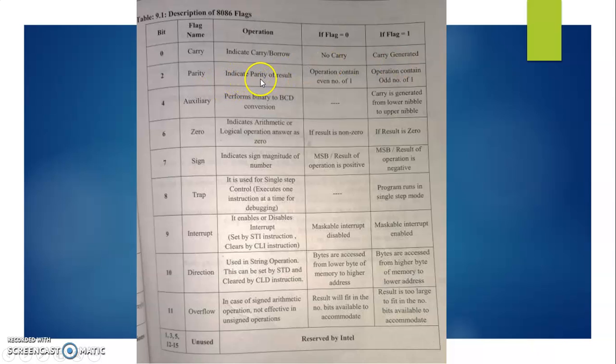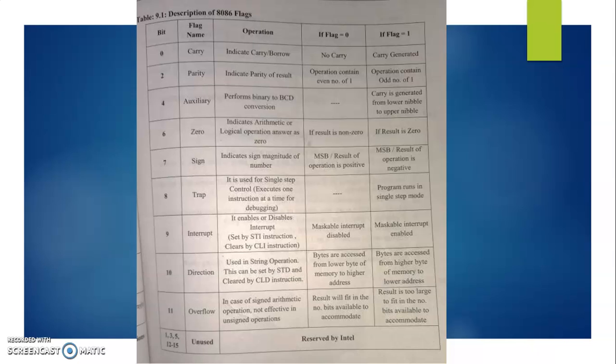Parity indicates whether the result contains an even number of 1s or an odd number of 1s. Auxiliary is used for binary to BCD conversion: if the flag is 0, no condition appears; carry generated from lower nibble to upper nibble if the flag is 1. Zero indicates whether the arithmetic or logical operation answer is 0. If the result is non-zero, the flag is 0, and if the flag is 1, then the result is 0.